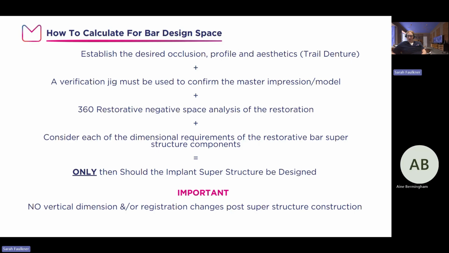We also conduct a 360 space analysis, a visual inspection of the negative space, and consider the dimensional requirements of the bar componentry. Only then do we start designing the implant bar, because we do not want to make any vertical or registration changes post-construction.